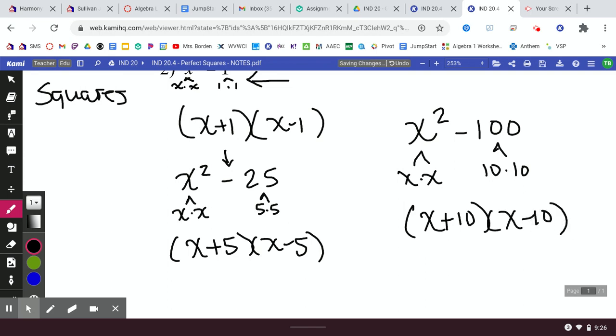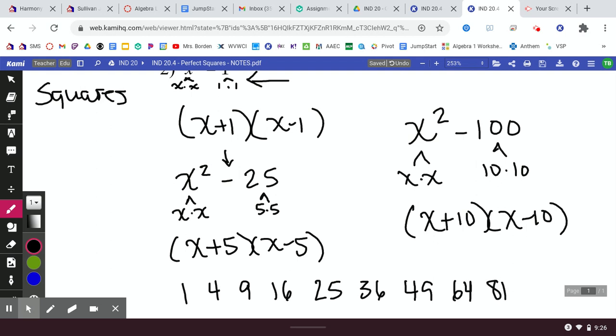Okay? And your perfect squares, right, are 1 times 1 is 1, 2 times 2 is 4, 3 times 3 is 9, 4 times 4 is 16, 5 and 5 is 25, 6 and 6 is 36, 7 and 7 is 49, 8 and 8 is 64, 9 and 9 is 81, 10 and 10 is 100. Of course, they go up from there.